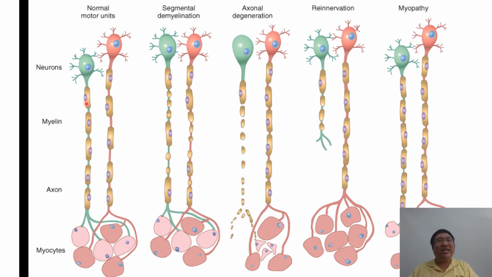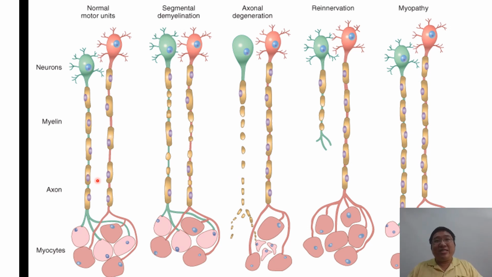Yes, they are quite similar, but not the same. Anyway, the myelin sheath helps nerve conduction so that the action potential can move forward very quickly to the nodes of Ranvier. So they skip the areas with myelin sheath, and so the nerve conduction is quite quick with myelin sheath.